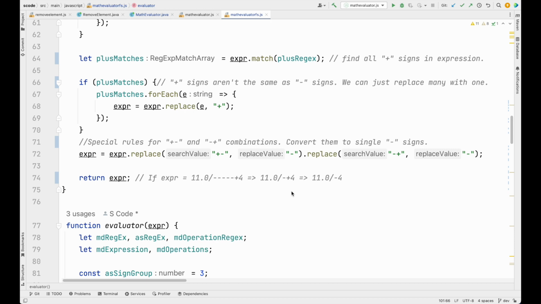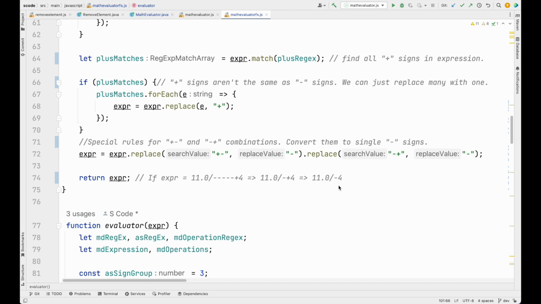If you look at the comment to the right, you'll see an example expression of 11.0 divided by 5 minus signs and positive 4. The way our reducer will work is that it will take that expression and reduce it down to 11.0 divided by minus, one single minus sign, because remember, we have 5 consecutive minus signs. We reduce that to a single minus sign and we keep the positive 4.